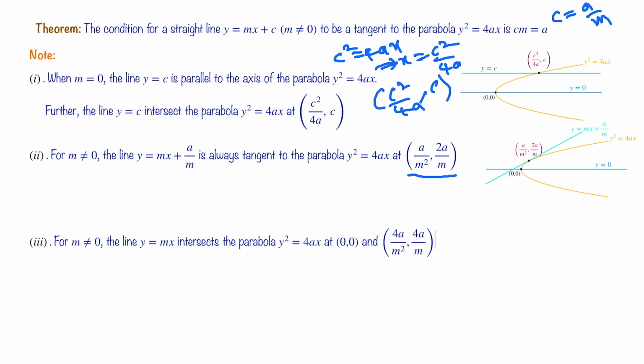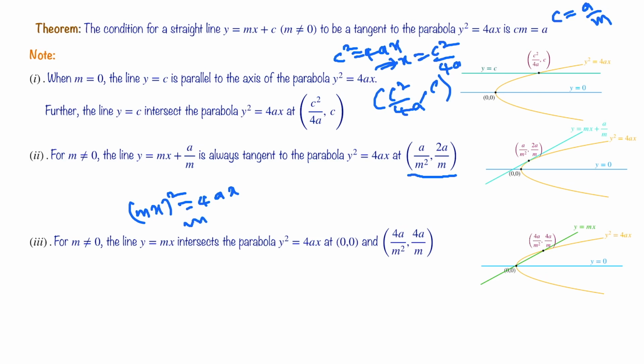For m not equal to 0, the line y equal to mx intersects the parabola y square equal to 4ax at 2 points: 0, 0 and 4a by m square comma 4a by m. As you can see, here what you do is simply substitute y equal to mx in the parabola equation y square equal to 4ax. You will get mx whole square equal to 4ax.